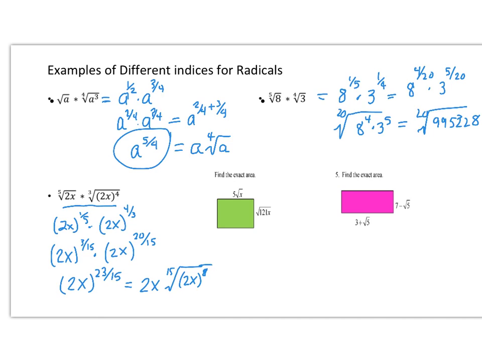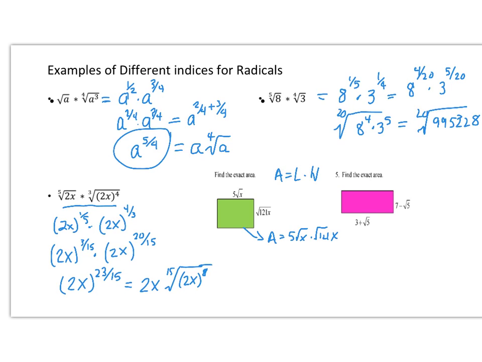Then we have these areas, the exact areas that we would want to find. This area here, remember what area is? Area is equal to length times width. So this area here is just going to be 5 square root of x times square root of 121x.